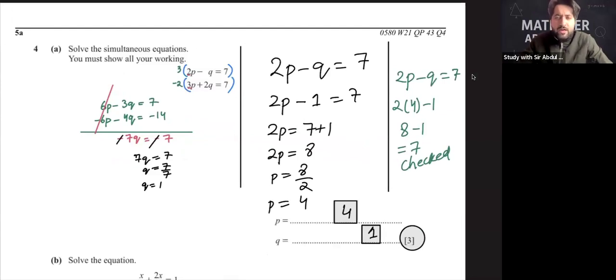In which what you do, let me just explain this in just a second. You make one of the variables the subject and you put that value in another equation to get the other variable. Get it? That is substituting values. And you can easily use the x equals x or y is equals to y technique as well. I hope I'm clear.